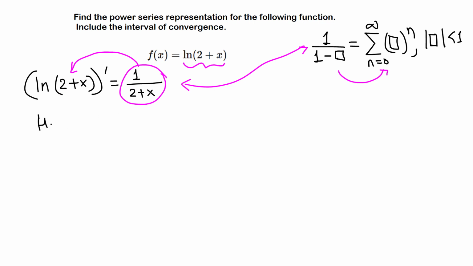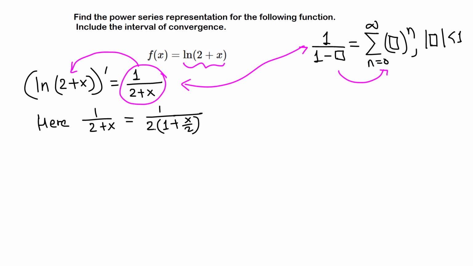So here 1 over 2 plus x is same as 1 over, we need 1, but there is a 2. So let's factor 2. There is no 2 there, but we can always manage 1 plus x over 2.